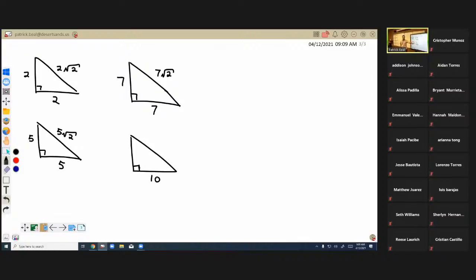So Carlos, how long would this side be, the other leg? Also 10. Very good. And then Aiden, hypotenuse? Yeah, 10 square root 2. So you just follow the pattern to be able to find some of those missing sides. And the good news is that you can do a lot of this work without having to go through the Pythagorean theorem and all of that other work.